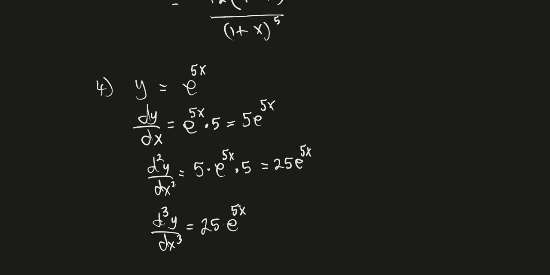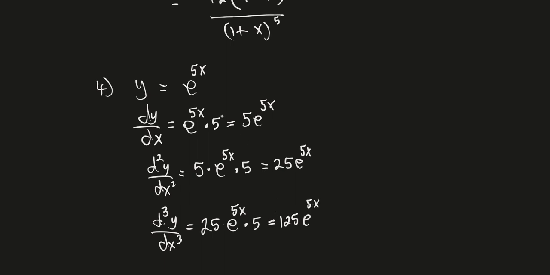And again, I have to multiply by the derivative of the inner function. Because of the exponential, the e to the x rule, you'll always have an e to the 5x. And then you're always going to end up multiplying by 5 because of the chain rule. So we end up with 125 e to the 5x, right?